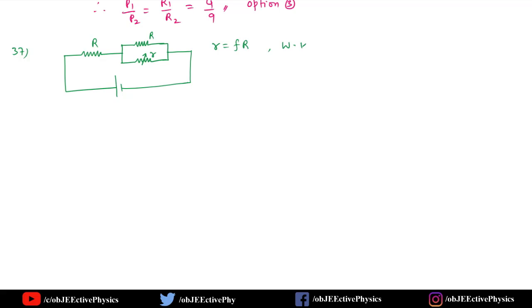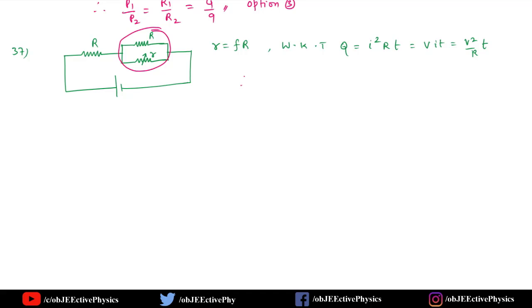We know that heat generation Q has three different formulas: I square RT, or V into IT, or V square by R into T. Now here, observe this portion, the parallel combination. In the parallel combination, V is constant.